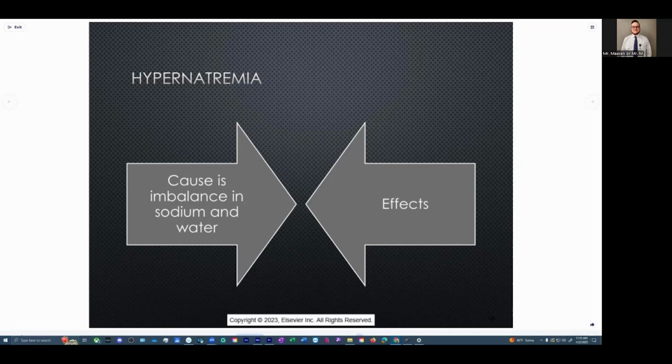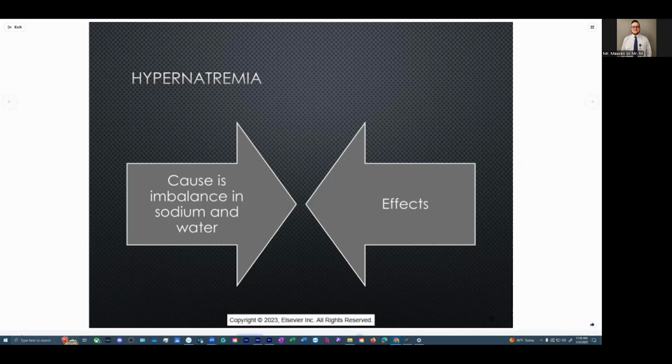Typically this comes from more of a watery diarrhea instead of just general diarrhea. Like the C. diff example I gave, watery diarrhea, pure liquid diarrhea, means the liquid is getting out and the sodium is staying there.